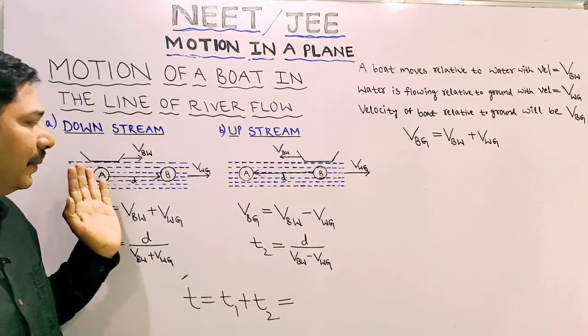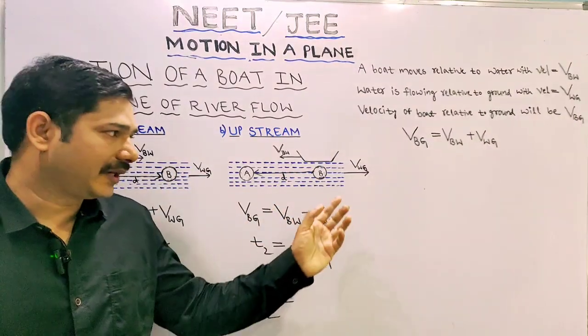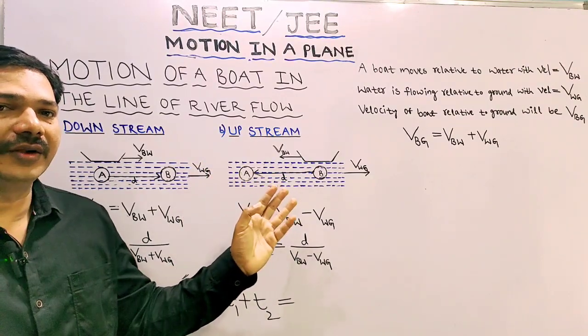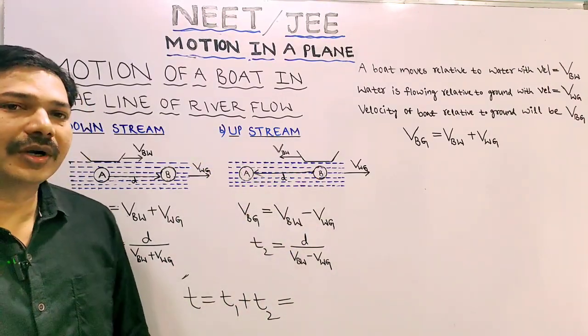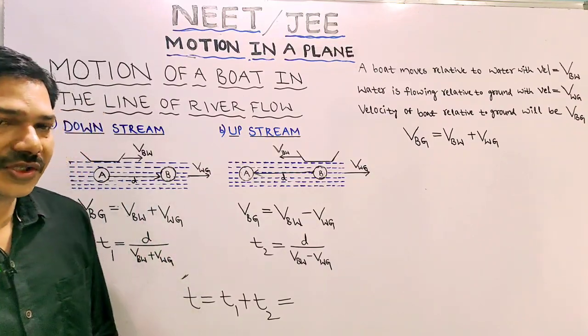The person travels from point A to point B, then the return journey, coming back from point B to point A. So the total time T equals T1 plus T2.